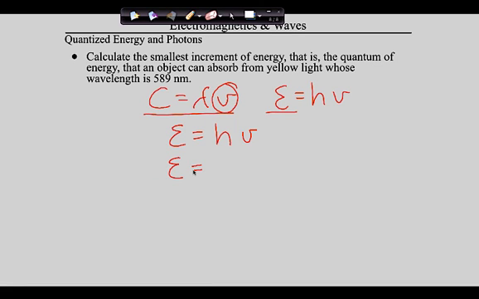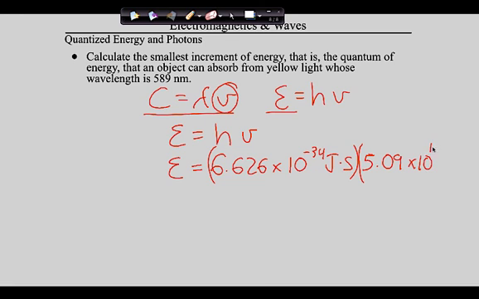So what is the energy of one of these photons of yellow light? Well, guys, we need Planck's constant: 6.626 times 10 to the negative 34th joule seconds times, what was the frequency? 5.09 times 10 to the 14th inverse seconds.